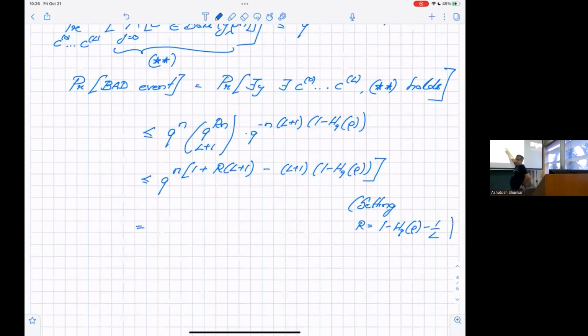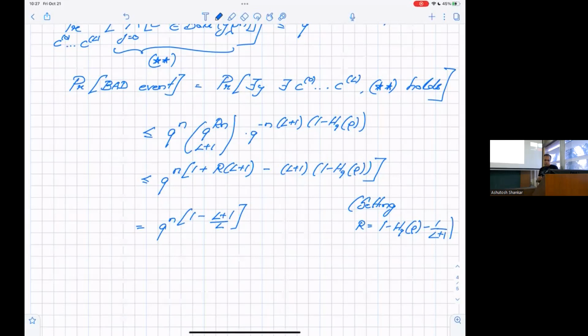These two terms will nicely cancel out, and the only thing we will be left with is q to the power n times something with (L plus 1) by L. Actually, let's set this to be minus n by (L plus 1).